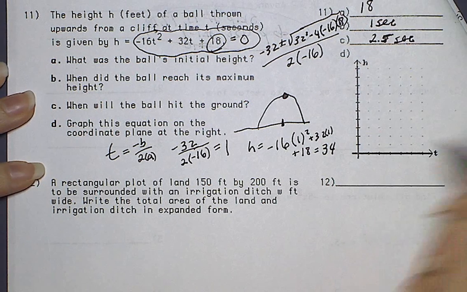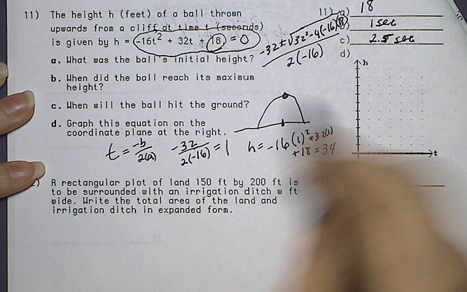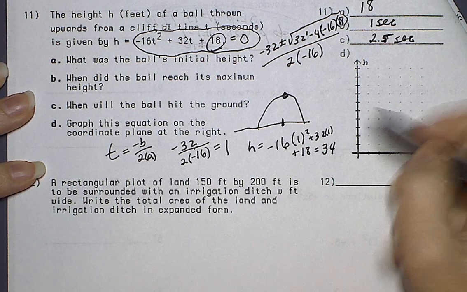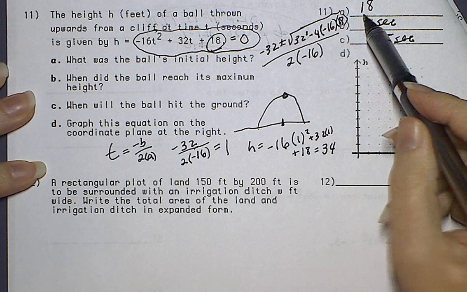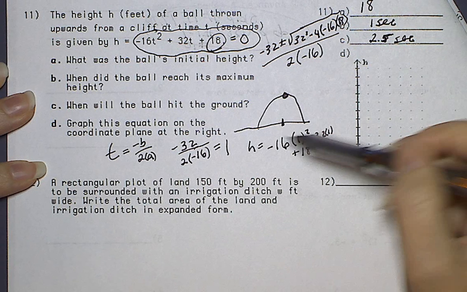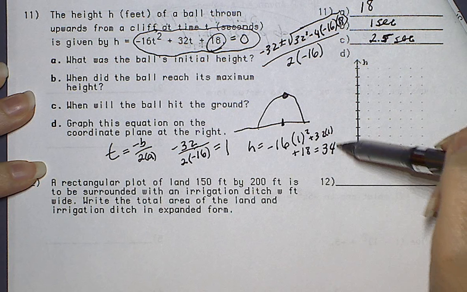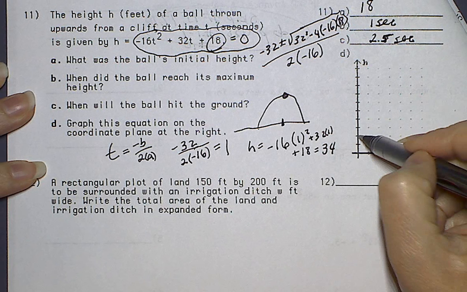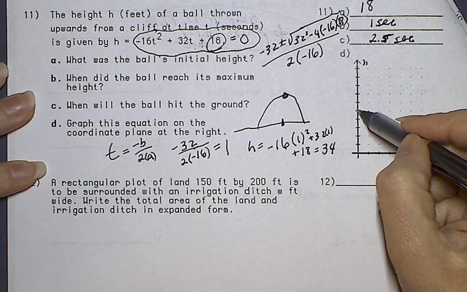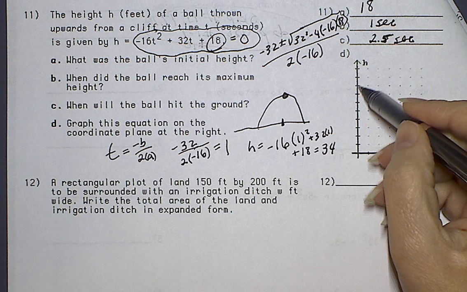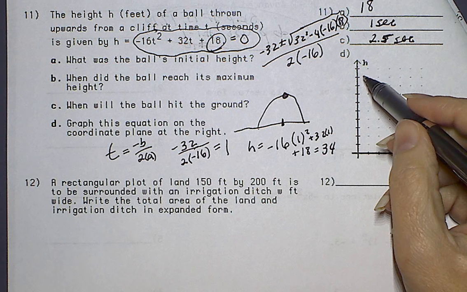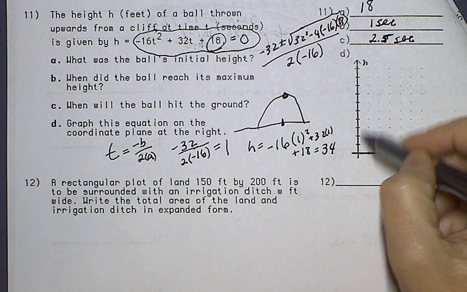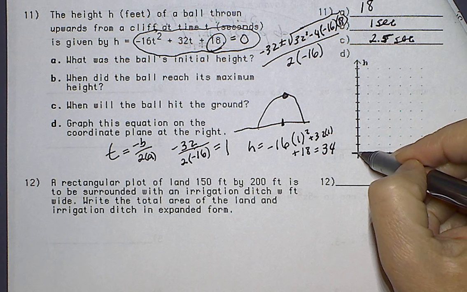Alright, and then part D says to graph it. So our maximum, it started at 18, and then we have a maximum height of y equals 34. So let's see, 1, 2, 3, 4, 5, 6, 7, 8, 9, 10. You know what, I'm just going to go by tens. So we have 10, 20, 30.